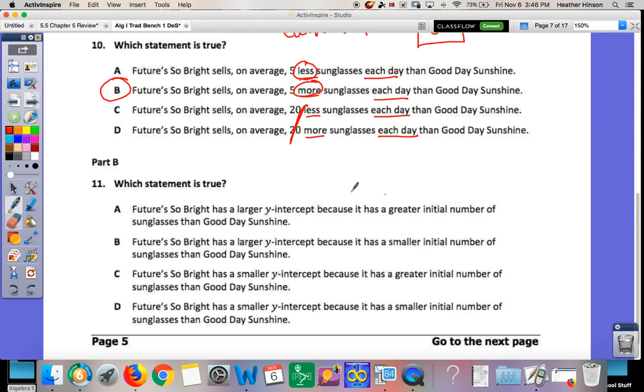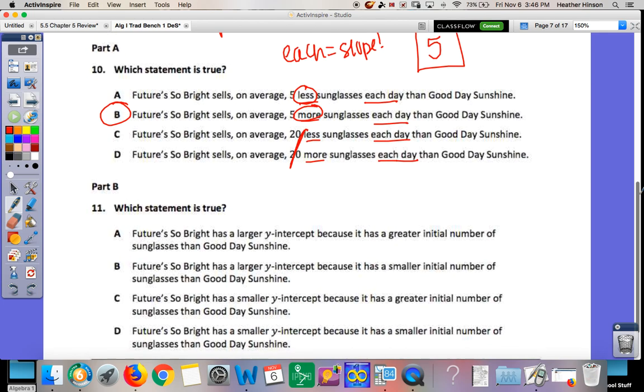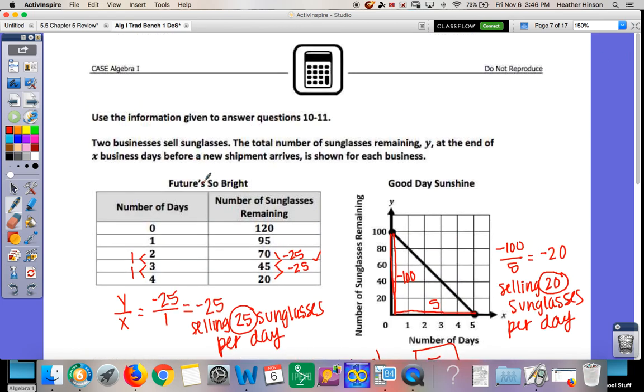Okay, which one is true? Future So Bright has a larger y-intercept, smaller y-intercept. So let's look at their y-intercepts. So, Future So Bright, on the table, where do you find your y-intercept? Find it at 0. So their y-intercept is 120.